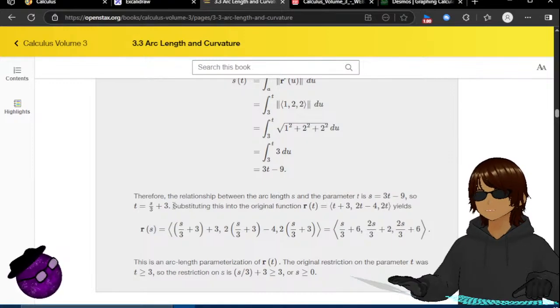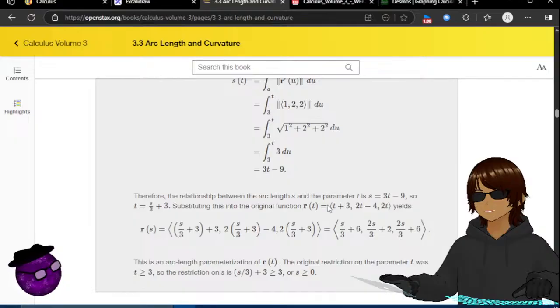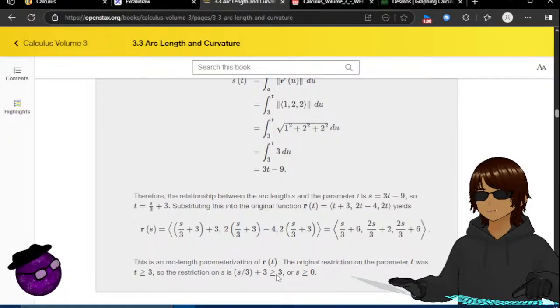Okay, they end up with this. Substituting this over here, they get this. The thing is, I still don't understand why.